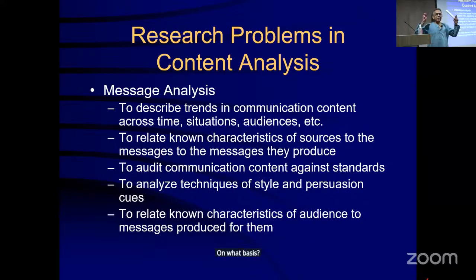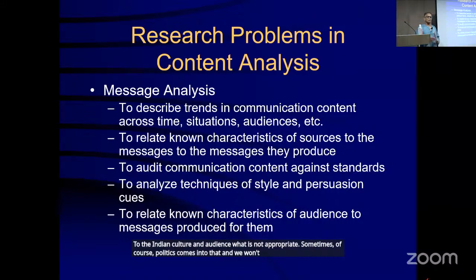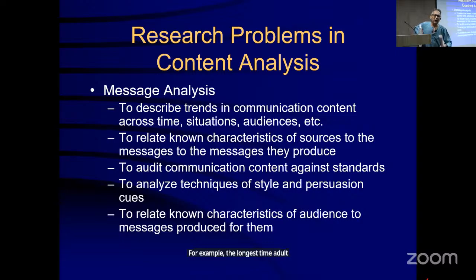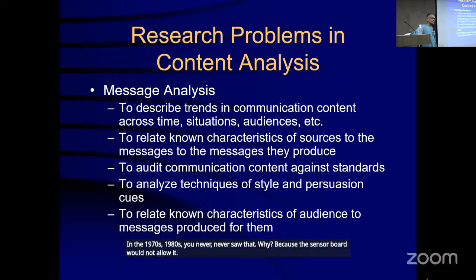There is an idea of what is appropriate to Indian culture and audience, and what is not. Sometimes, of course, politics comes into that, and we won't talk about that now. For example, for the longest time, adult men and women were not shown kissing lip to lip. In the 1970s and 1980s, you never saw that. Why? Because the censor board would not allow it, right?